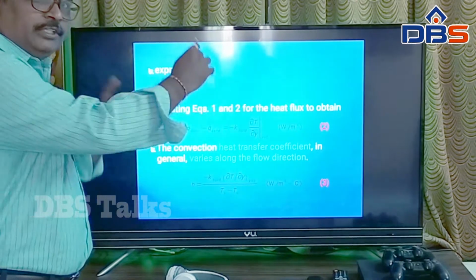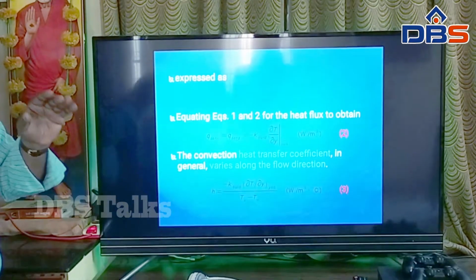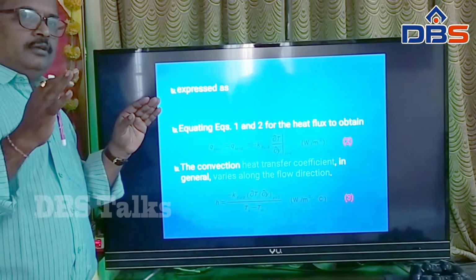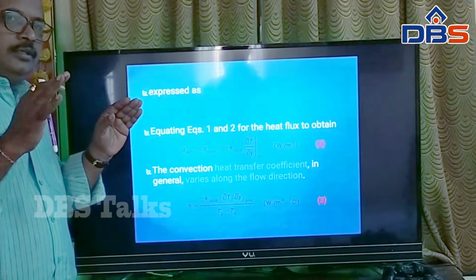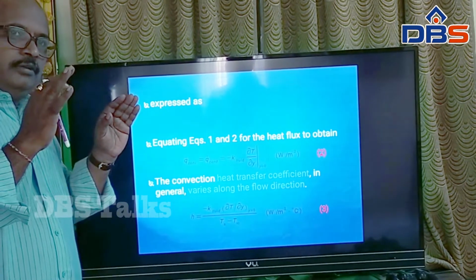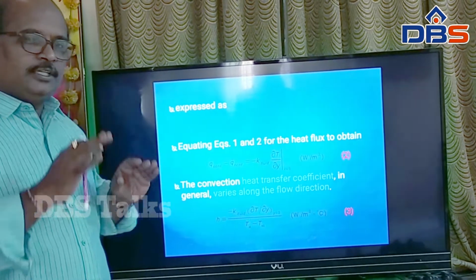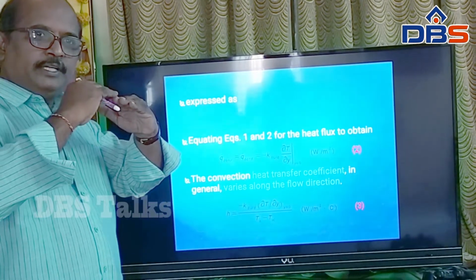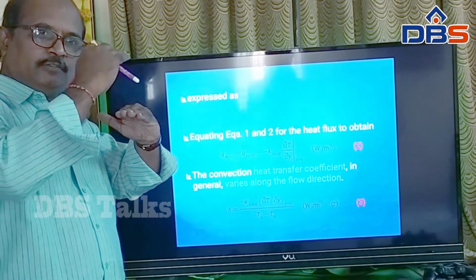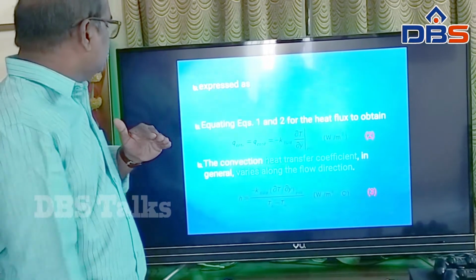If you equate both the equations, because wherever there is a convection, there will be a conduction also there. First, from plate to the fluid, there will be a conductive heat transfer. Then there will be convective heat transfer.